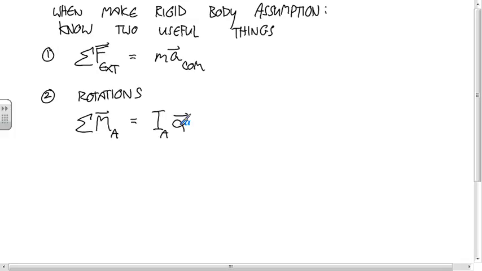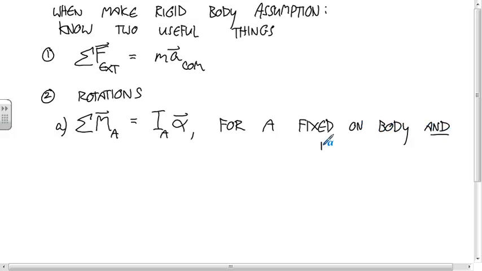That's not true anymore. So in a way, doing this stuff first in statics kind of spoils you, so you have to be really conscious of this. In order to use this equation in dynamics, this is true for a point A if the point A is fixed on the body and in an inertial coordinate system.